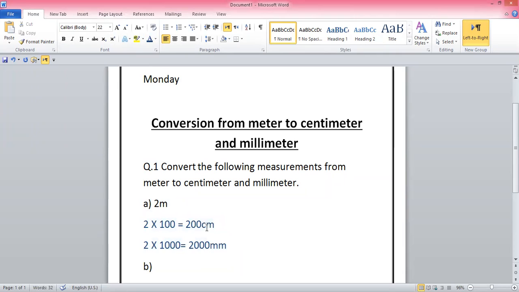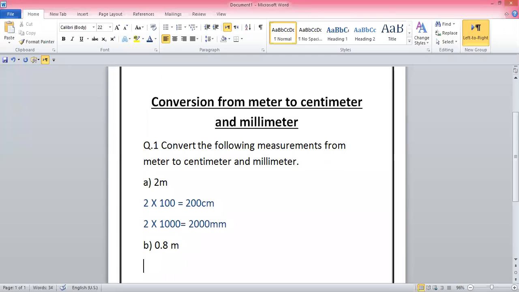So guys, for centimeter I multiplied by 100 and for millimeter I multiplied by 1000. The B is, let's suppose, 0.8 meter.